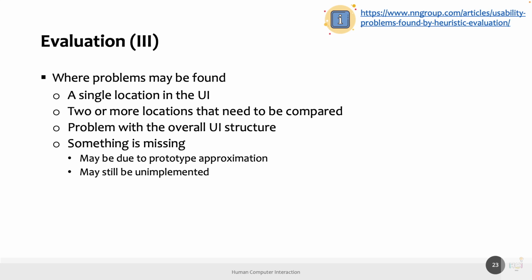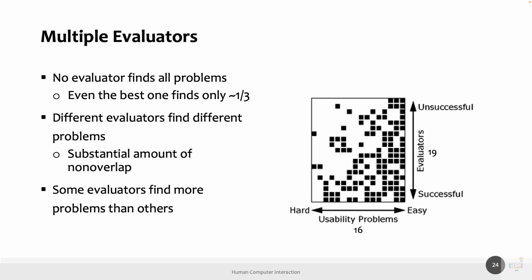Of course, this can be a problem, but in some circumstances, this can also be due to a prototype approximation. So, for example, in your case, you will evaluate a low fidelity prototype. So it is normal that some parts of this prototype are not implemented. And so it depends on the design stage.